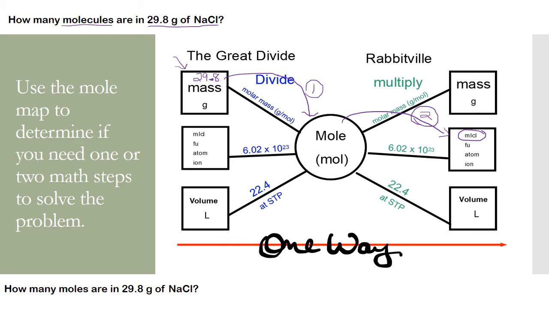If I'm still starting with 29.8 grams of NaCl and going to the mole, that's just a one-step problem. Any problem that has the word mole in it, that you're either given attached to a number or you're trying to find moles, is going to be a one-step problem.